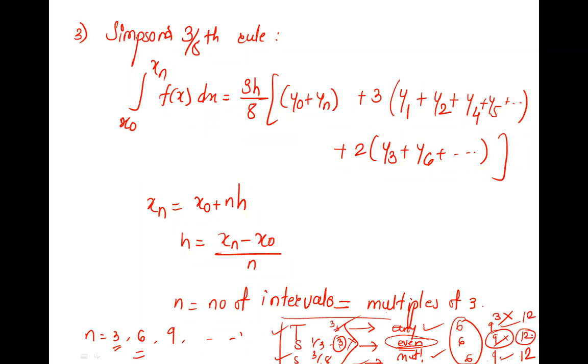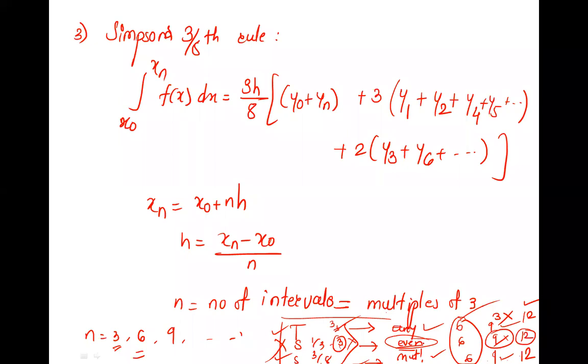And for trapezoidal, we can use any number. So after 6, we can divide into 12 intervals. If a question is for all these 3 rules, but if they have not asked you to solve by 1/3, then 2 are there. We should always think, so what are your choices of n?